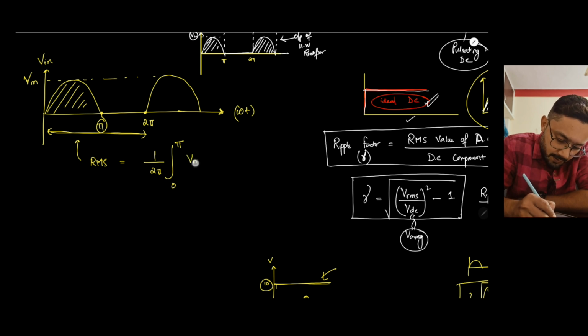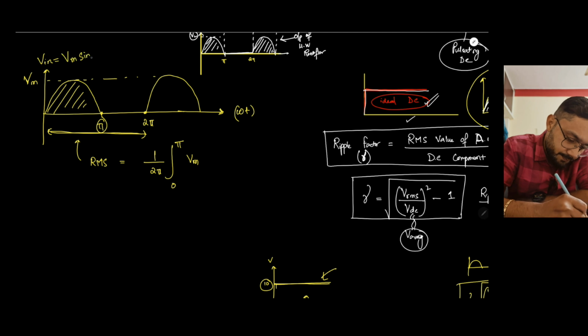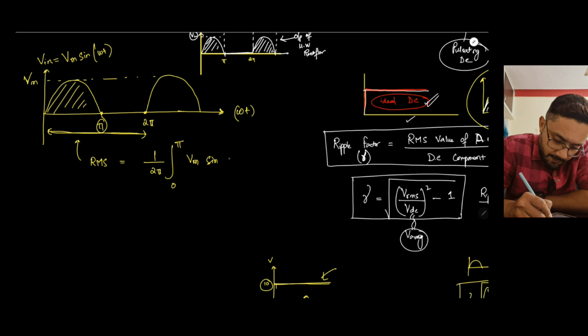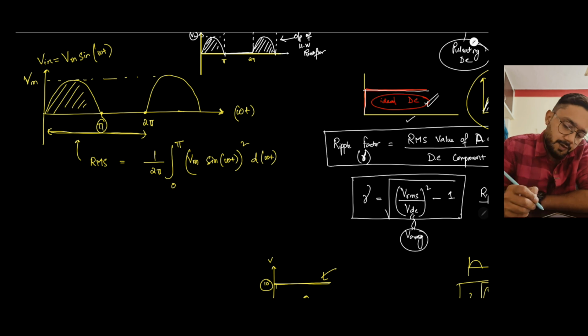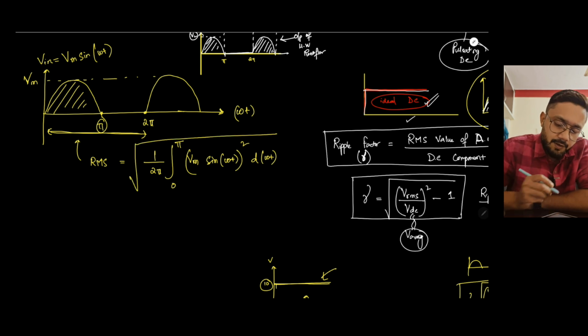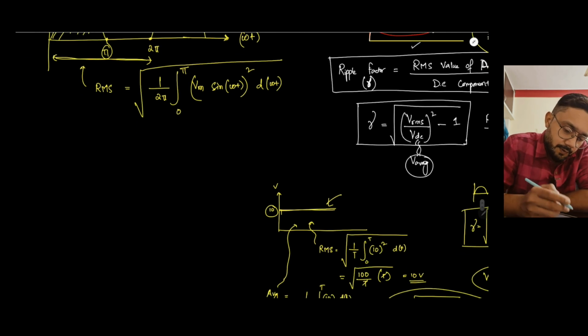and it will be Vm sin omega t whole square d omega t, root over. Let's break it down.